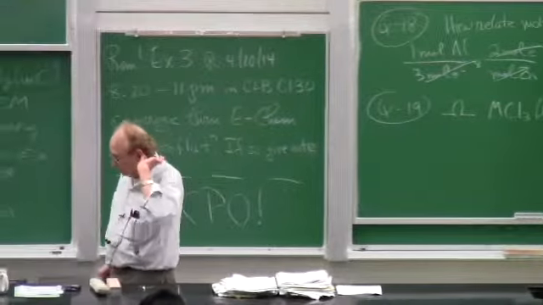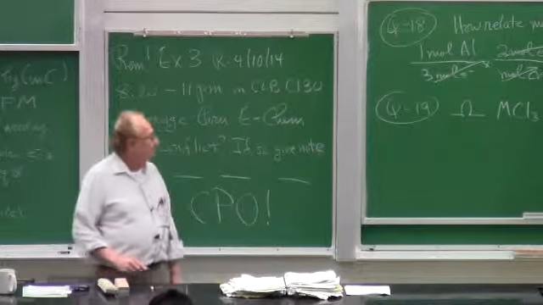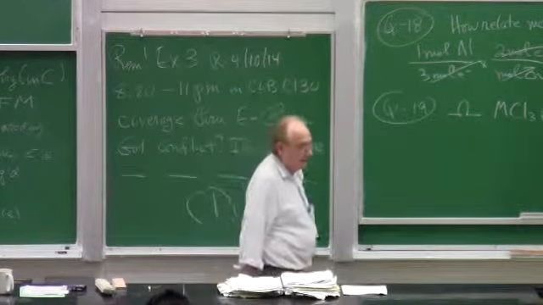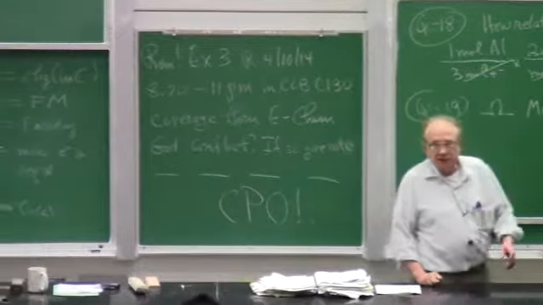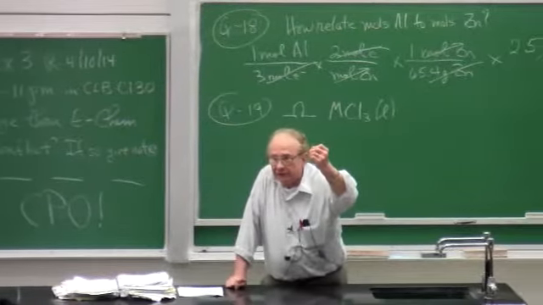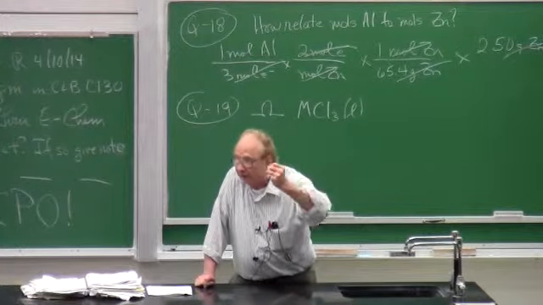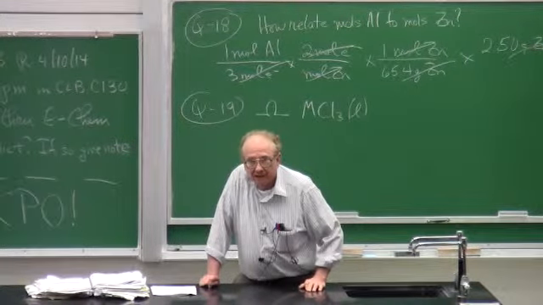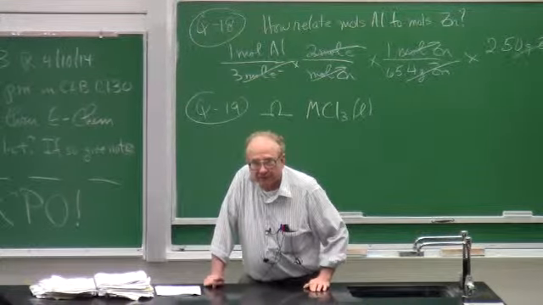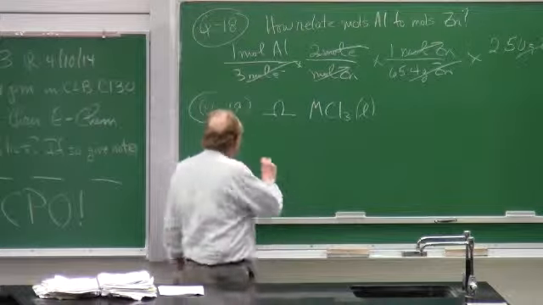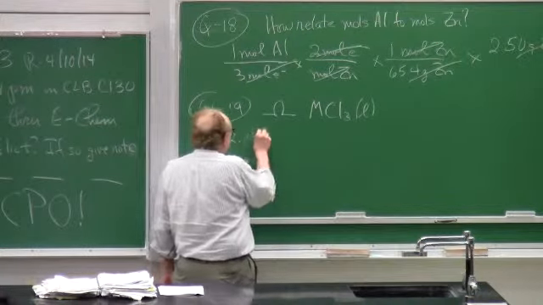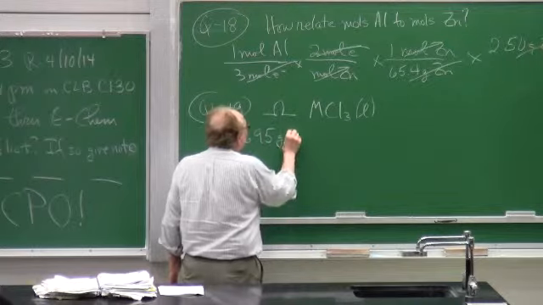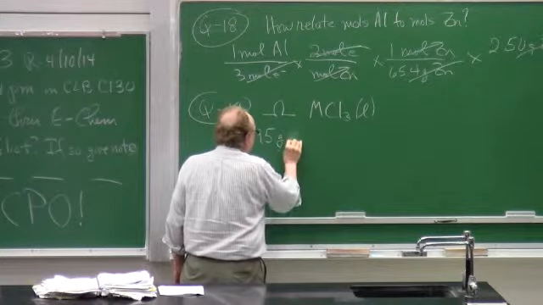What is it? Formula mass. Good. Now then, formula mass is a ratio of mass in grams per mole of the metal, right? How much of this metal was produced by this electrolysis? 2.695 grams of M, whatever the M is.